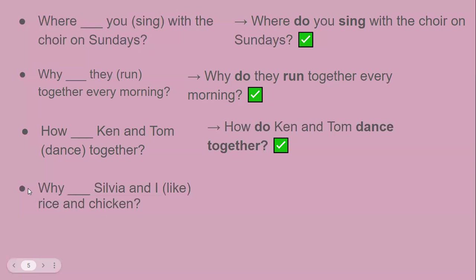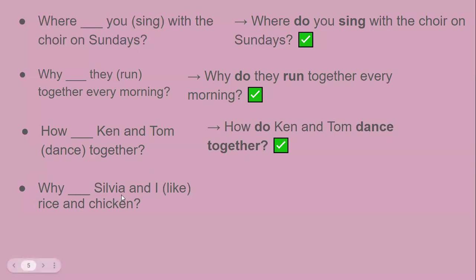Next sentence. Why space Sylvia and I like rice and chicken. You've got a WH question here. You've got Sylvia and I, because I have included myself, therefore I regard the subject as we, because I am included in this subject.